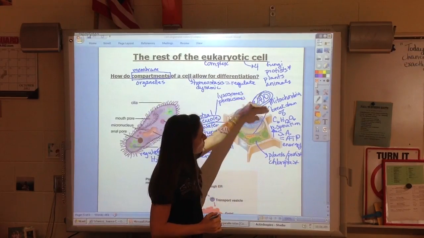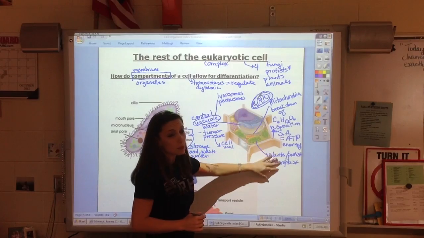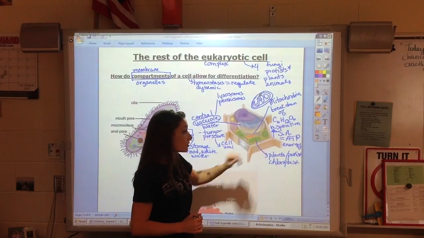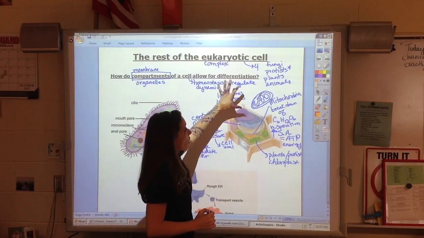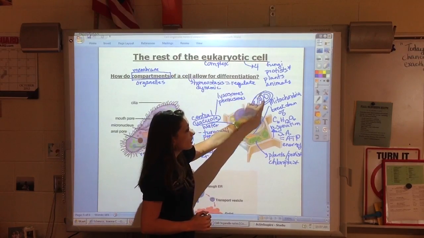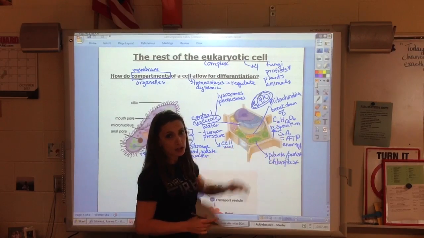And so these folds we'll learn are called the cristae, and we'll talk about them a lot more later in the next unit when we get to cellular respiration and photosynthesis. For now, we want to know they're in all eukaryotic cells. They have this folded inner membrane, so there's lots of surface area for these chemical reactions to occur.